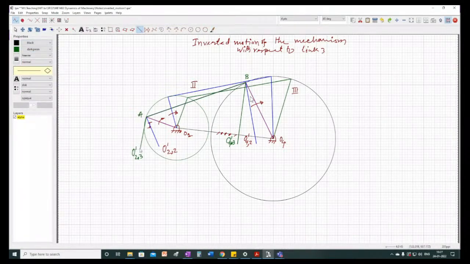If you just join these 3 points, this point, and this point, and then you draw the perpendicular bisectors from O2, I am trying to draw the perpendicular bisector.